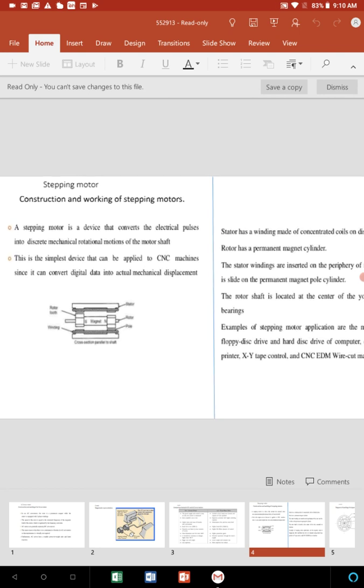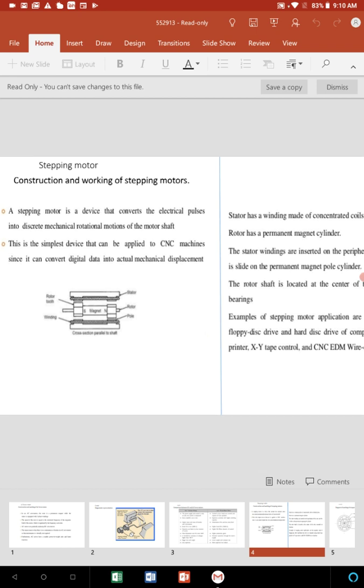So next, the important motor for feed drives present in the CNC machine is the stepping motor. It is a device, also a motor, which works on electrical pulses and operates with a certain angle.